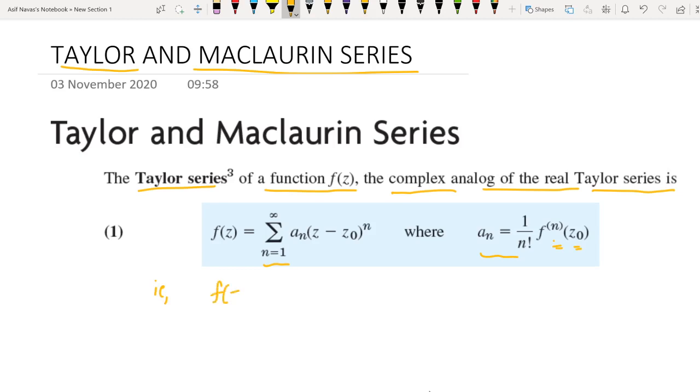That is what we did in real calculus. The same procedure we will do here.